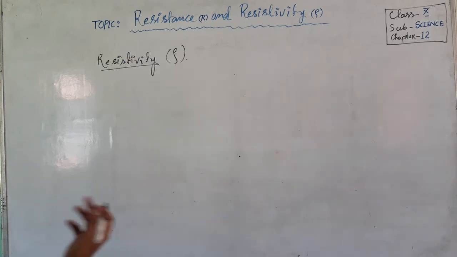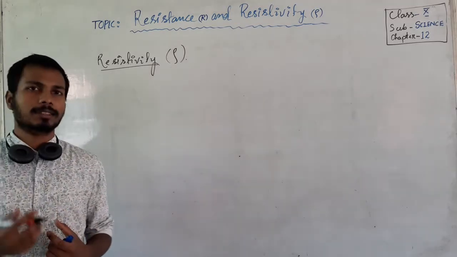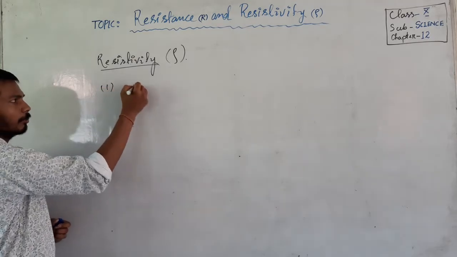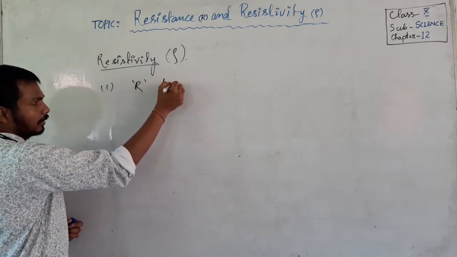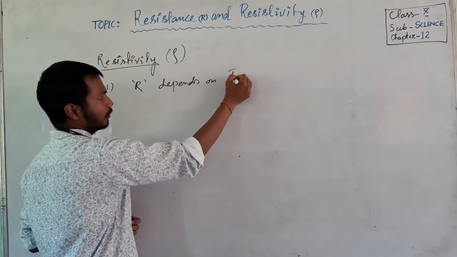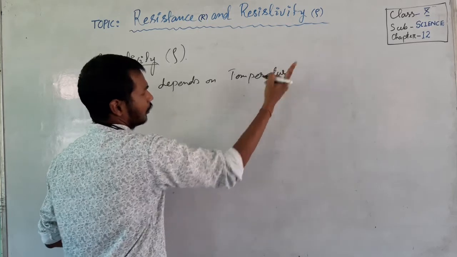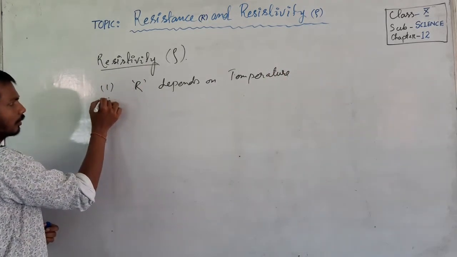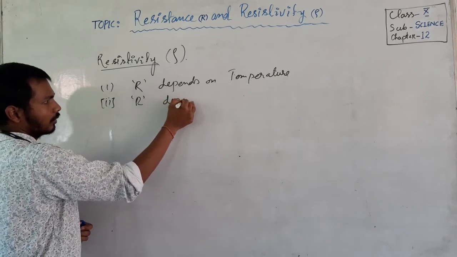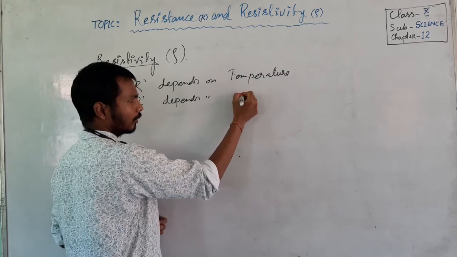Now class, we have already learned the factors on which resistance depends. Okay. So number one, resistance depends on temperature. Number two, it depends on length of the wire.